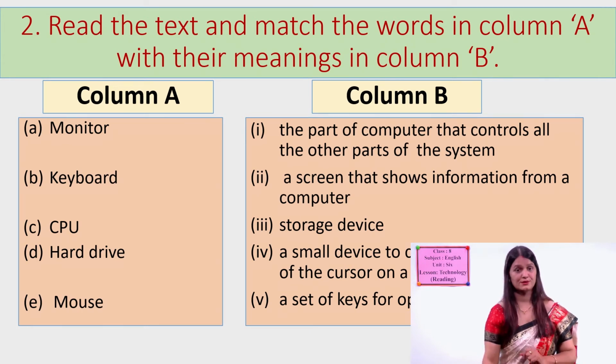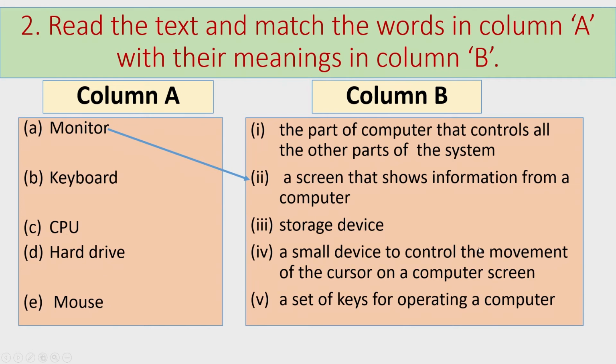Okay, so what is a monitor? Try. Yes. Monitor is a screen that shows information from a computer. Okay. Keyboard, what is keyboard? Yes, you're right. Keyboard is a set of keys for operating a computer. And what is a CPU?